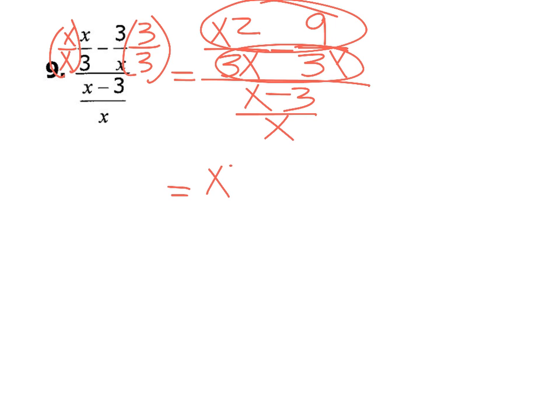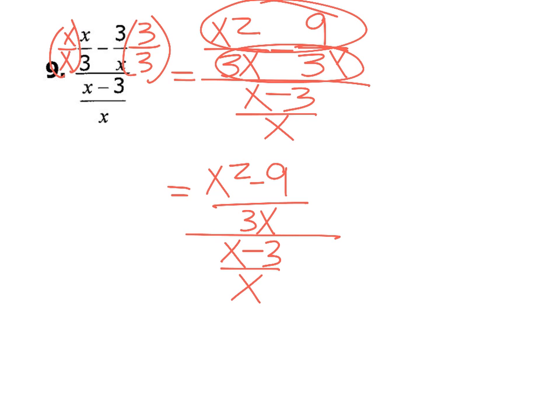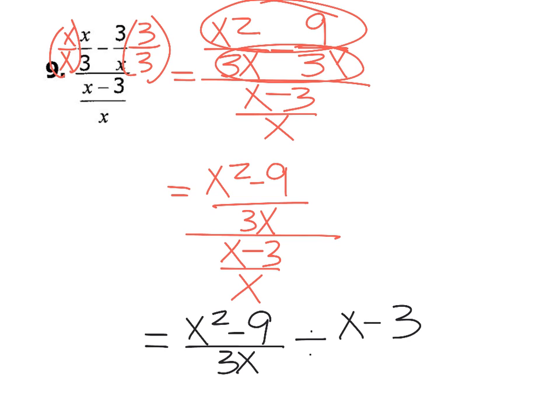We get x squared minus 9 over 3x, all over x minus 3 over x. Now we have a single fraction in the numerator and a single fraction in the denominator, so we want to rewrite this as a division problem: x squared minus 9 over 3x divided by x minus 3 over x.